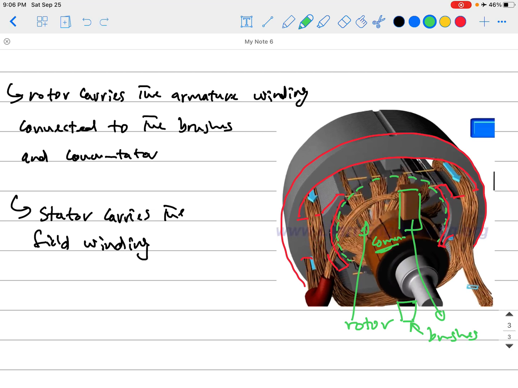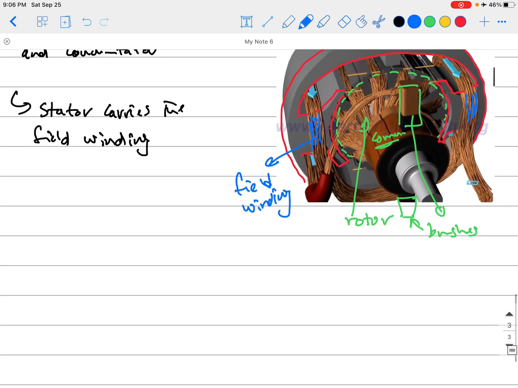Let me make it in blue. So these coils here are the field winding, and this is the stator core. Okay, guys, so here is the field winding.